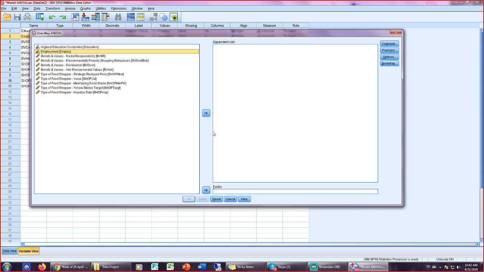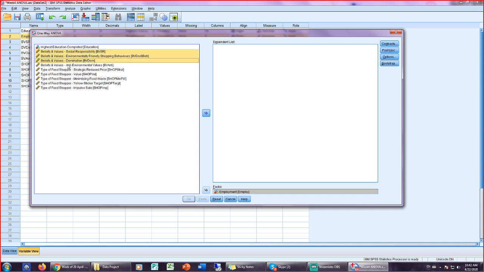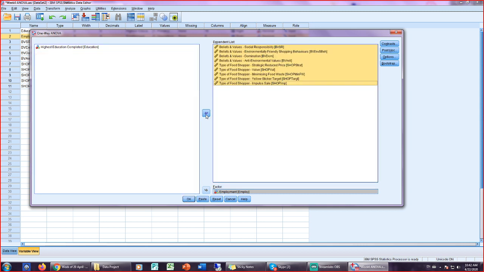So we highlight employment and we put it over here. The nice thing about running the one-way ANOVA is we don't have to run our test 9 different times, because we have 9 different variables that we want to consider. So we highlight all of our variables for the dependent variables, and we put them in this big list.